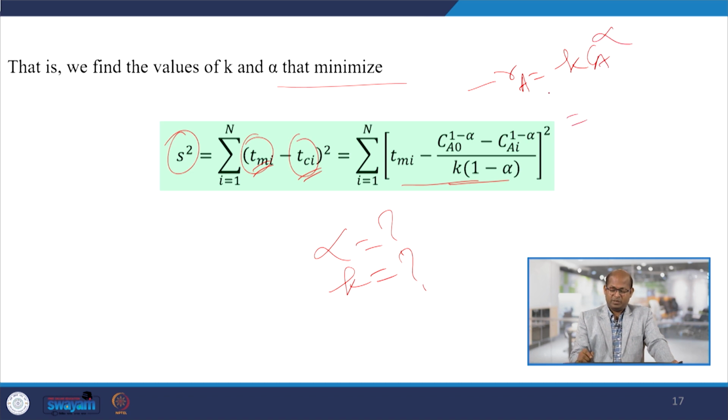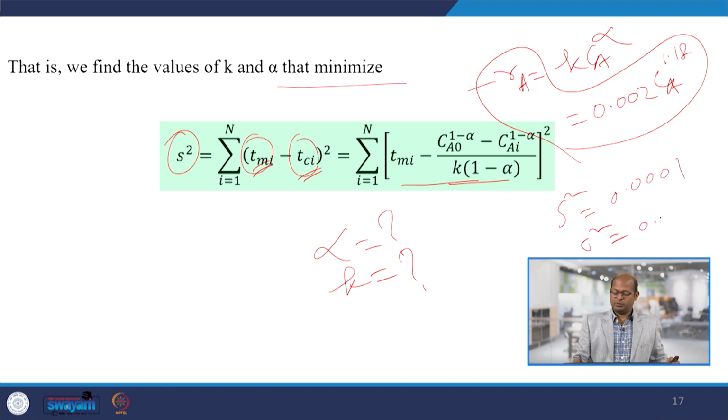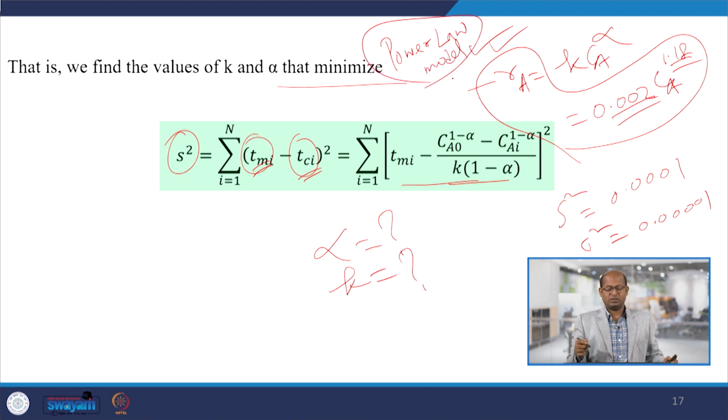Here, if it is fitted very well, maybe CA to the power 1.18. This will be the rate equation after sigma squared is very close to acceptable. Okay, so this way we can say the rate constant and order are found. This type of fitted rate equation model is usually called a power law model.